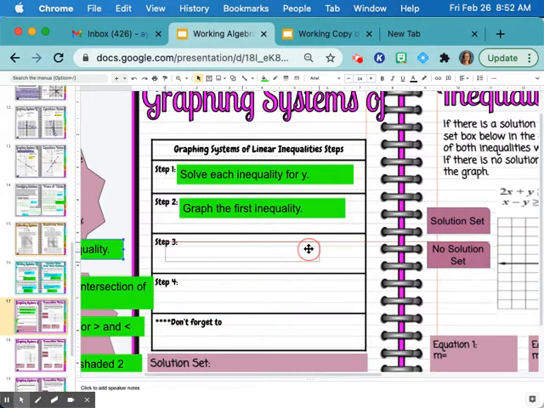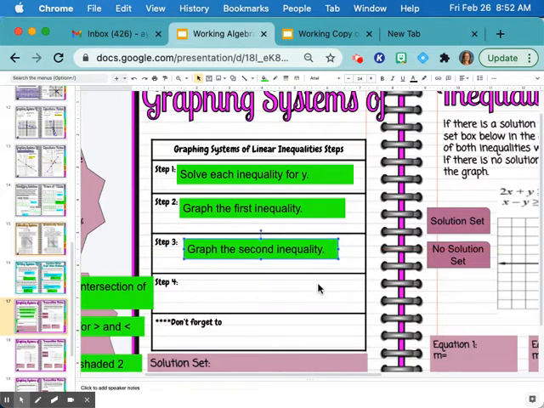And then step 3, you're going to graph the second inequality. So you're going to have 2 inequalities shaded here.